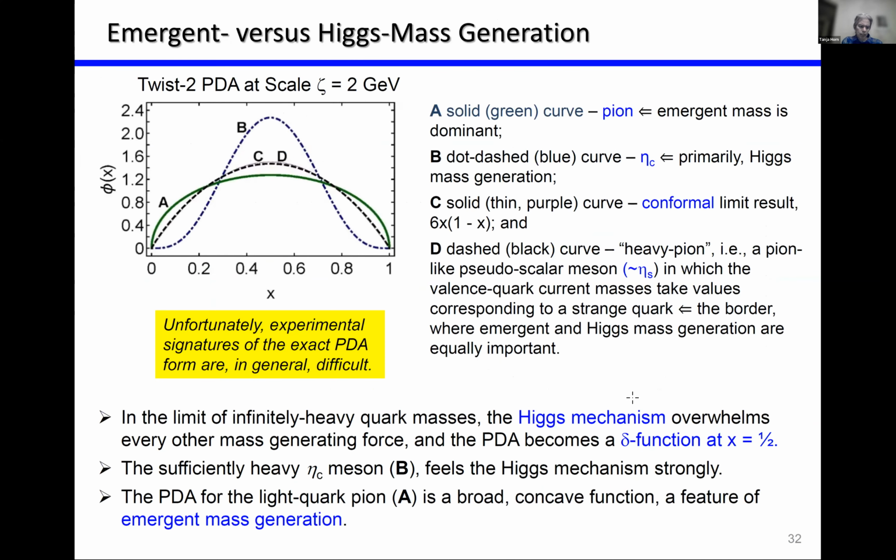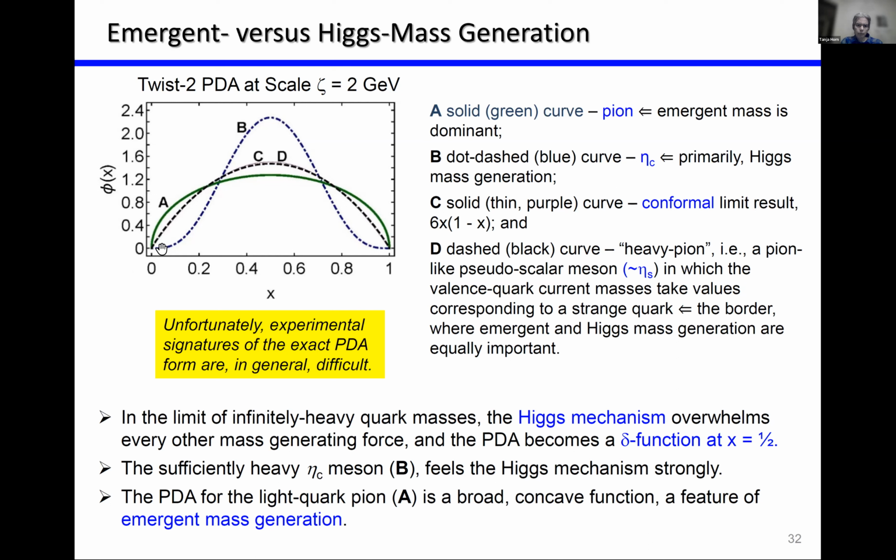So here, as promised, I'm showing the emergent mass versus the Higgs mechanism, summarized in this picture on the top left. We see the green curve, which is broad and squat. This is the curve where the emergent mass is dominant, what some people refer to as the real life wave function, like a distribution amplitude.